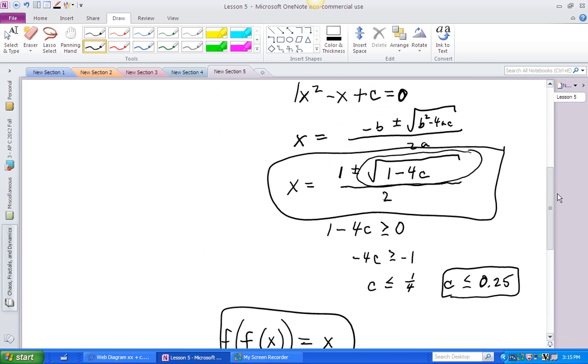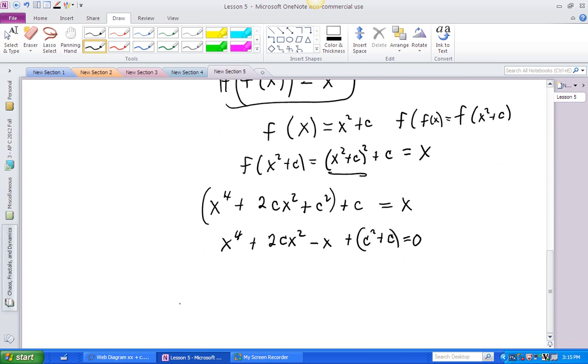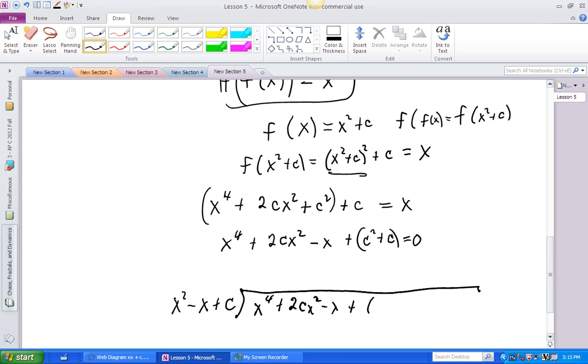So I'm going to take x squared minus x plus c, and I'm going to divide it into x to the 4th plus 2cx squared minus x plus c squared plus c.